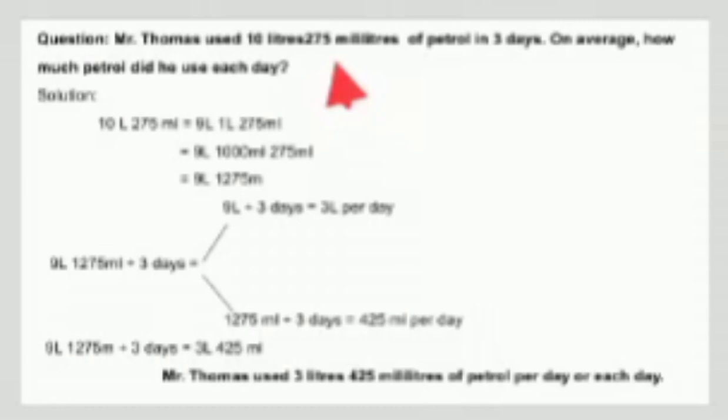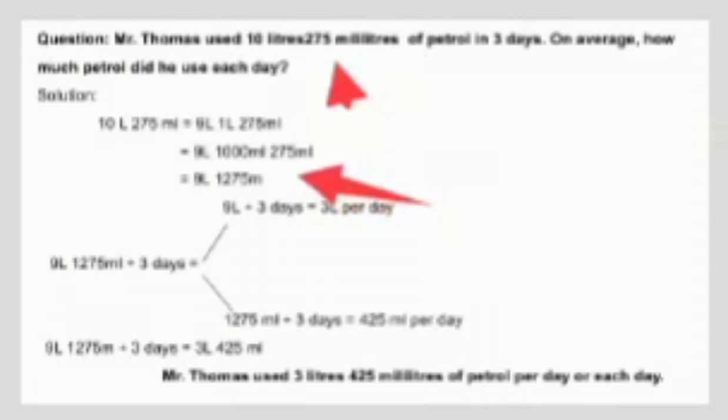So 9 can be easily divided by 3. Therefore, I am converting the 10 liters into 9 liters and converting 1 liter into milliliters. So now I have in simplified form 9 liters 1275 milliliters.